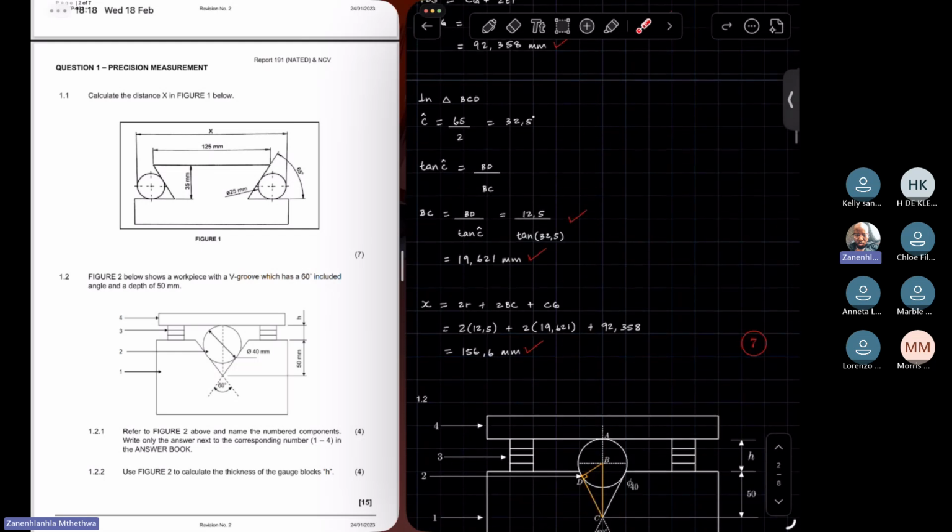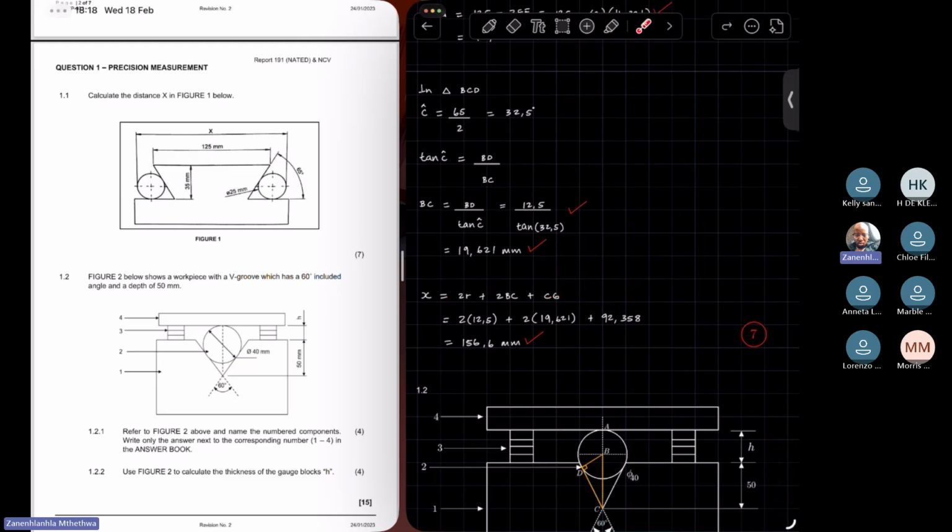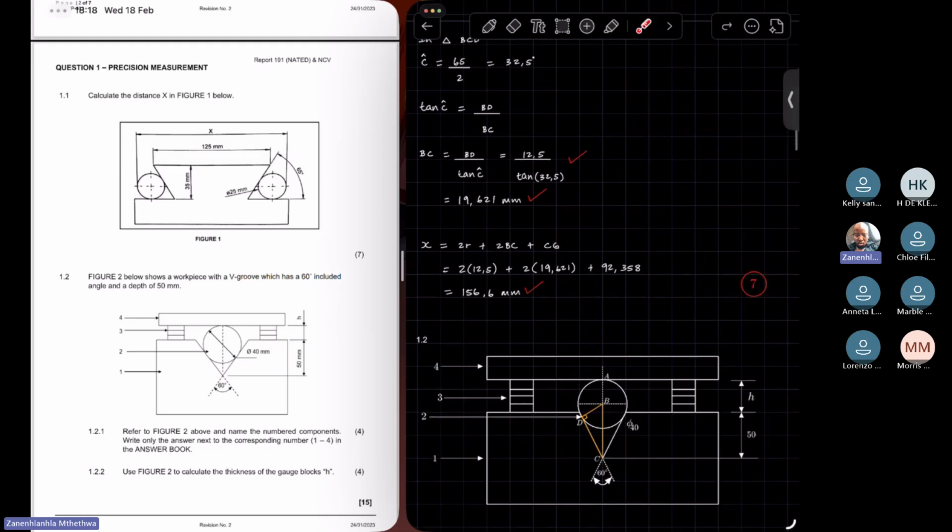That is where this expression comes from. At this point, you already have the radius, you have BC, and you have CG. So all you do is substitute. Upon substituting, this is what you should get, 156.6 millimeters. And you get your full marks, 7 marks.